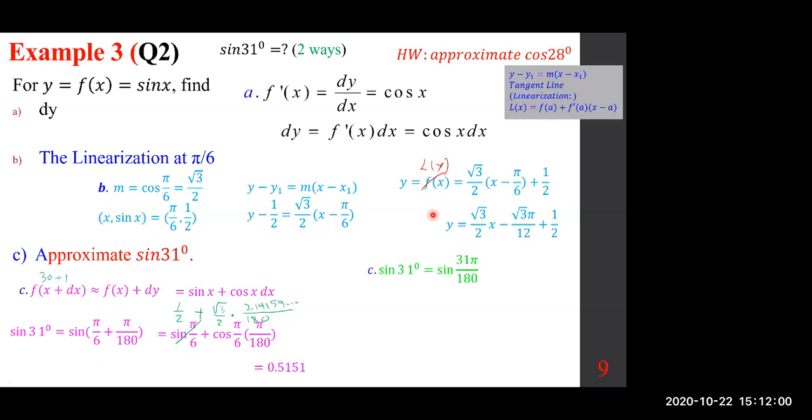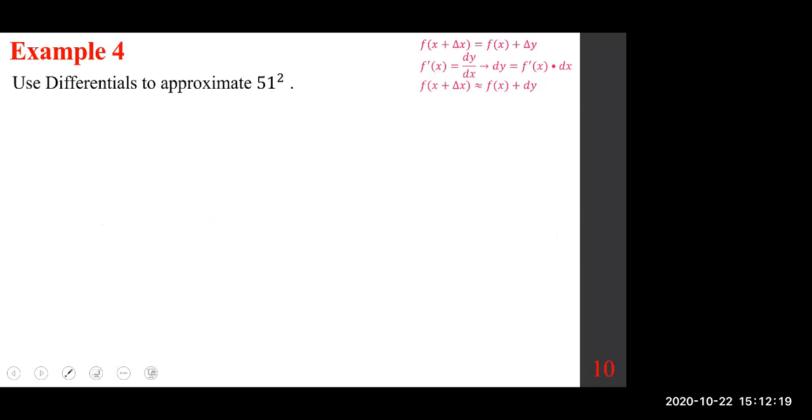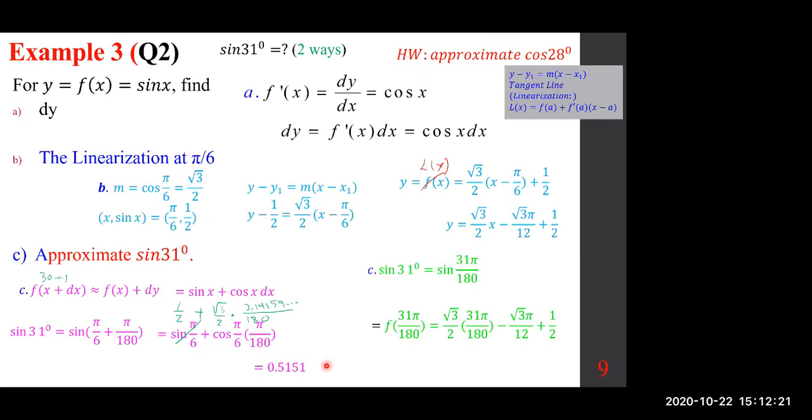So therefore, you replace the x with 31 pi over 180. So square root of 3 halves times x, which is 31 pi over 180, minus square root of 3 pi over 12 plus 1 half. Now you use your calculator, and class, you get the same answer.